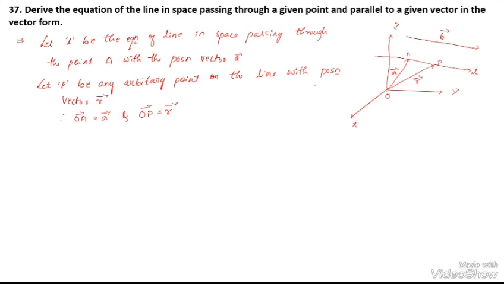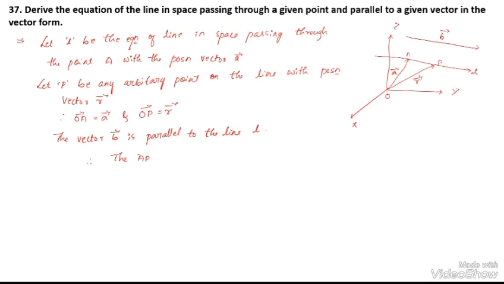Now, vector b is parallel to the line L. The position vector b is parallel to the line L. Therefore, what do we say?